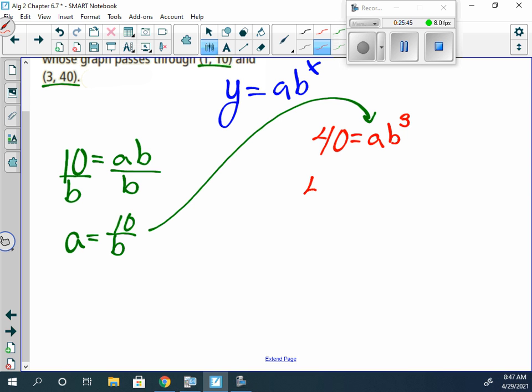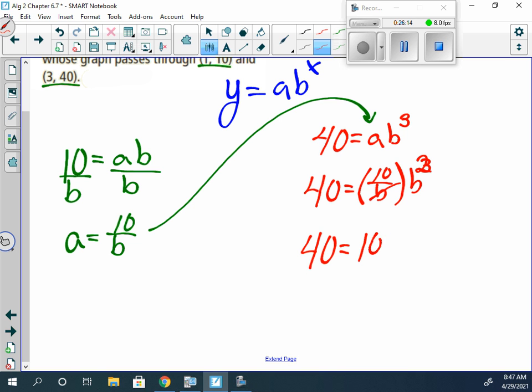So when we plug this back in, we get 40 is equal to 10 divided by b times b to the third. Now looking at this here, we know that one of these b's will cancel out with one of these here.